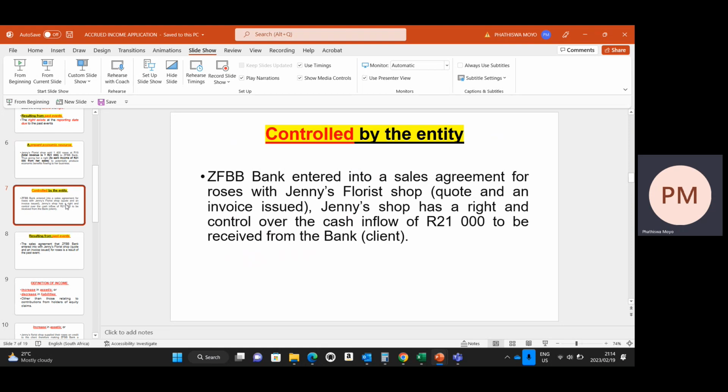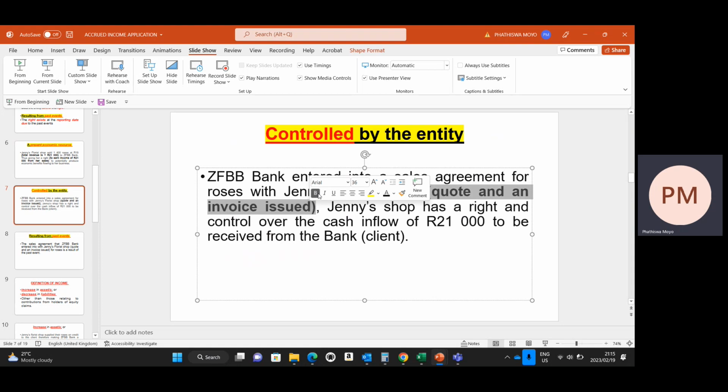ZFBB Bank entered into a sales agreement for roses with Jenny's florist shop. A quote and an invoice were issued. This is how things happen in practice. You'll get a call or an email saying, I'm looking for 1,400 roses, how much is that? You get a quote, and when you are happy with the quote, you place an order. They give you an invoice. So that is a sales agreement.